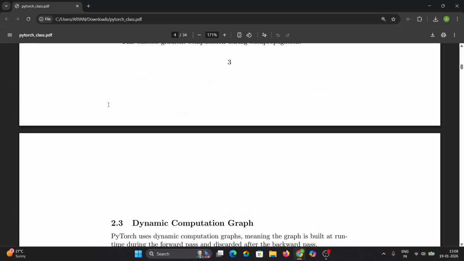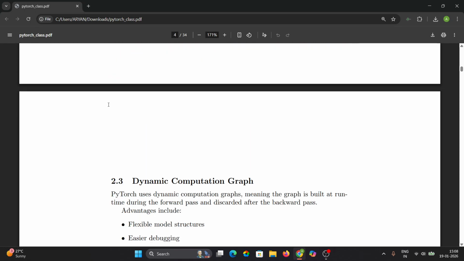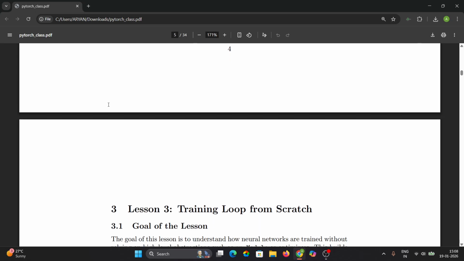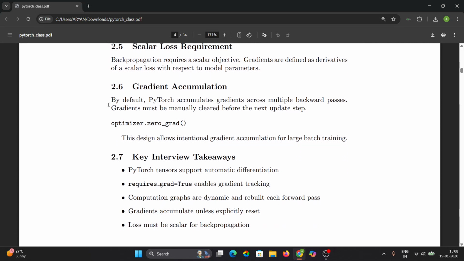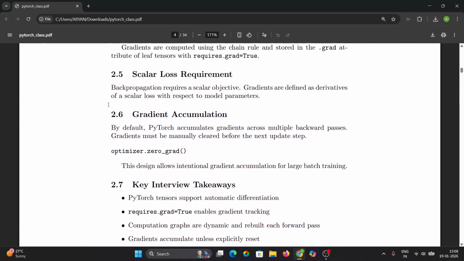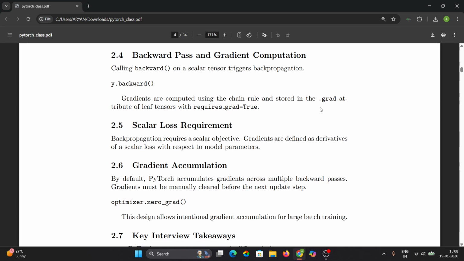Now the value of x is 2, so it puts 2 in place of x, and gets the result 4. So when you call x.grad, it gives you the value 4.